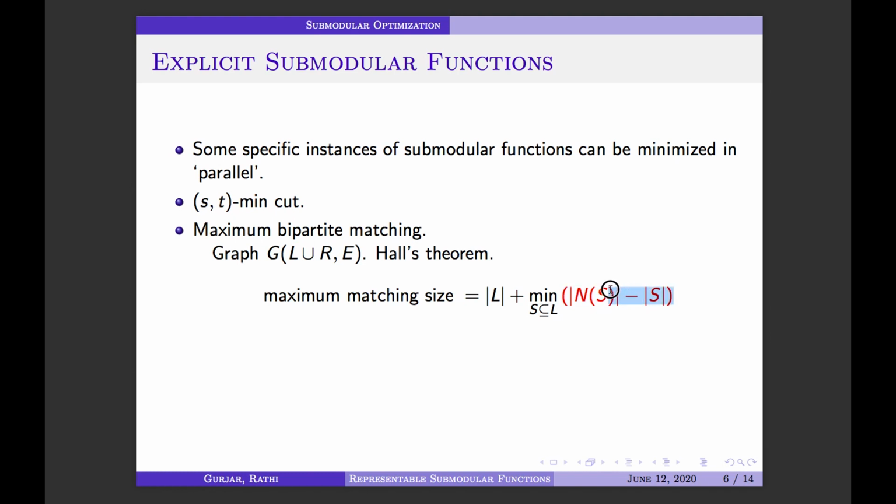For this function, the ground set is the left vertices of the bipartite graph, and for any set of left vertices, the function is simply the number of neighbors minus the cardinality of the set itself. It turns out that this function is submodular, and that's why the maximum matching question in bipartite graphs is equivalent to a submodular minimization question.